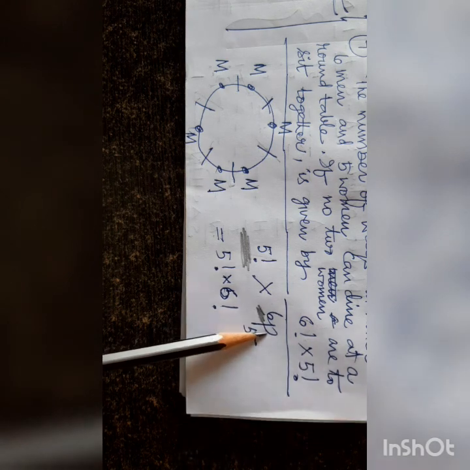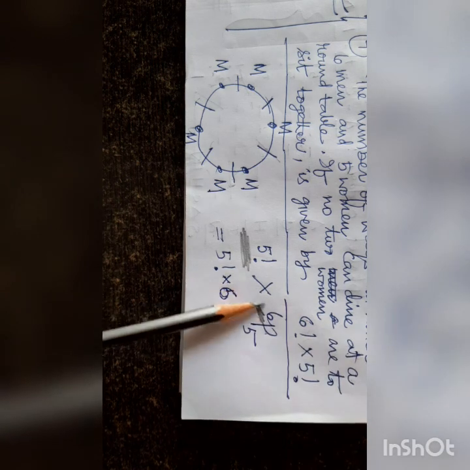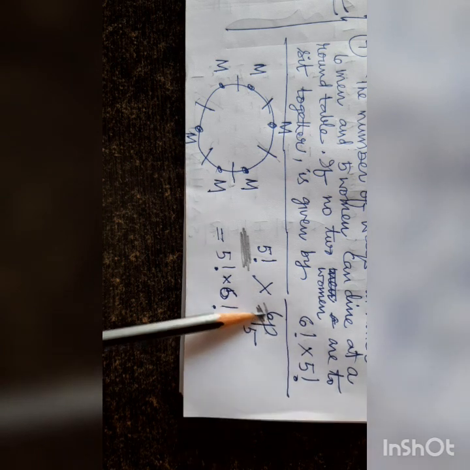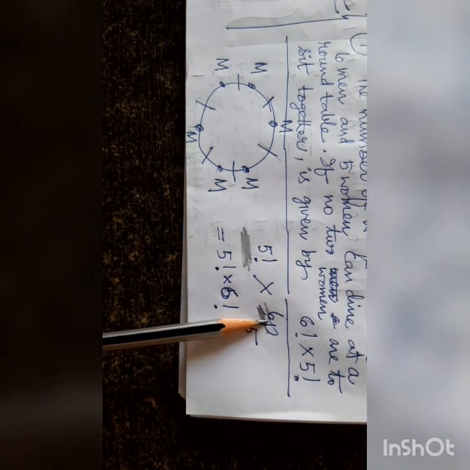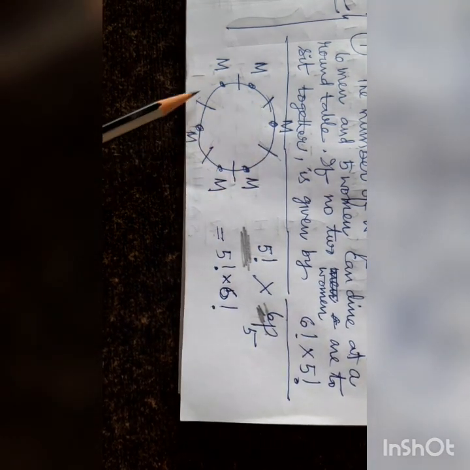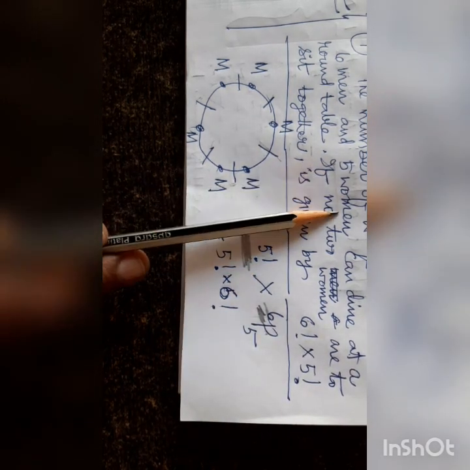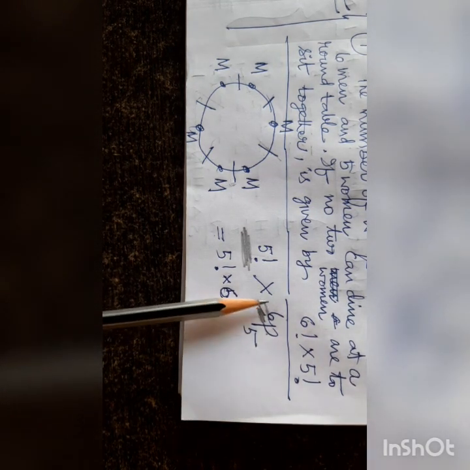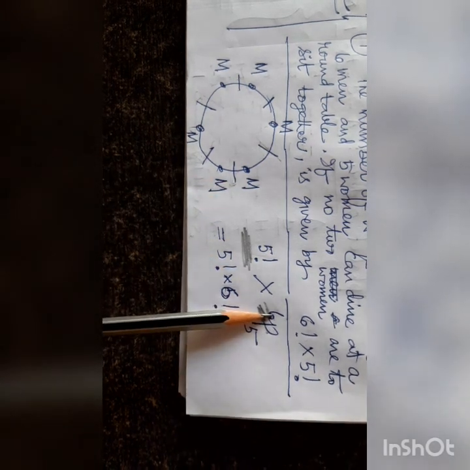Arrange means P, P means permutations. We will arrange 5 women in 6 gaps. How many gaps are there? 1, 2, 3, 4, 5, 6 gaps are there.